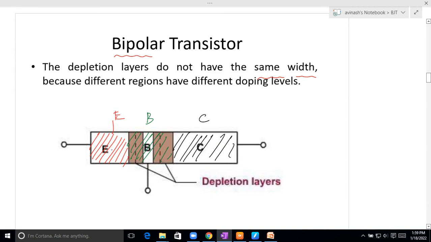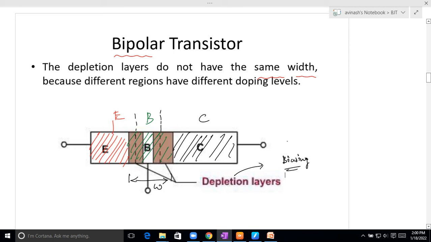If you observe these points, emitter, base and collector, you can also see a depletion region here. If you take this as the complete width of the base, the depletion layer depends upon the biasing with which we are biasing the junctions.